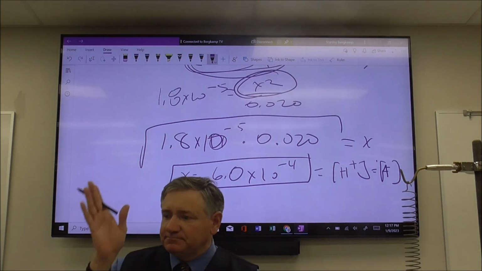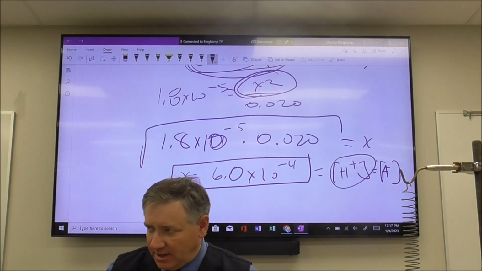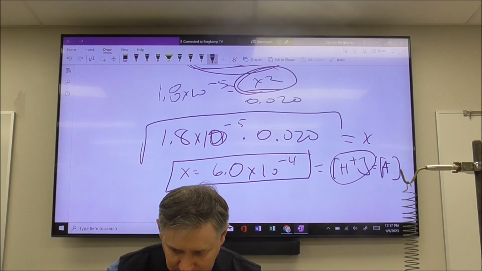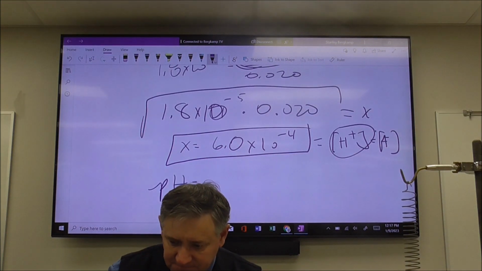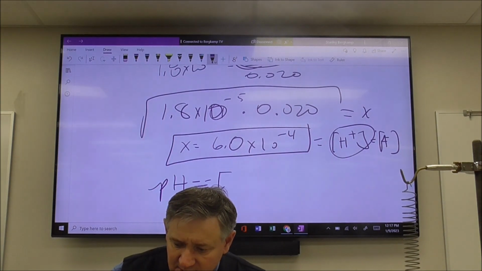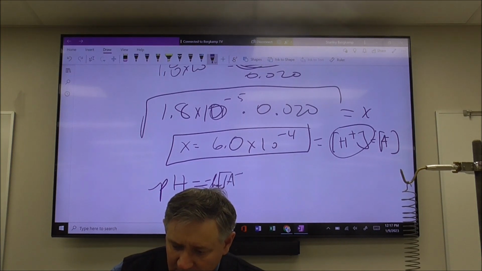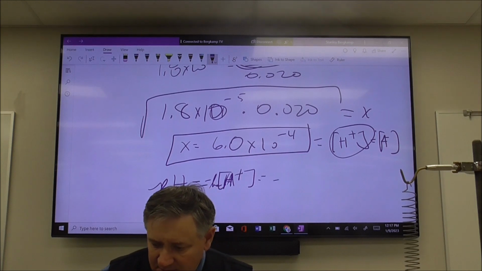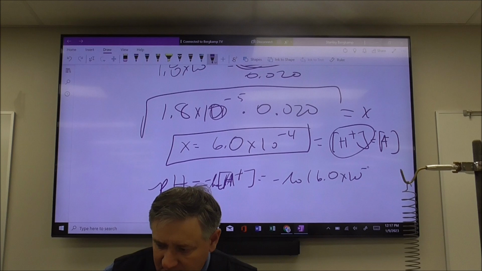So now I know what my hydronium ion concentration is. Now I can find my pH. My pH is going to equal the negative log of my hydronium ion concentration, right? Which in this case is the negative log of 6.0 times 10 to the negative fourth.